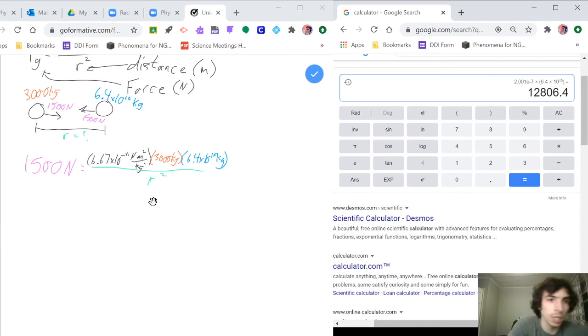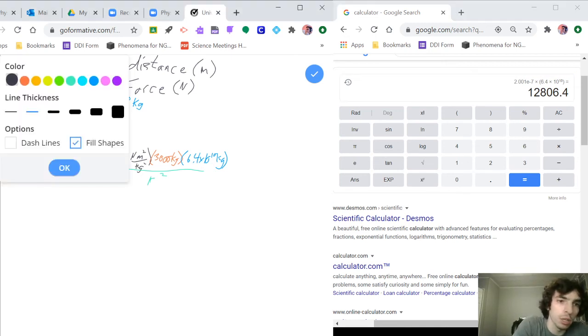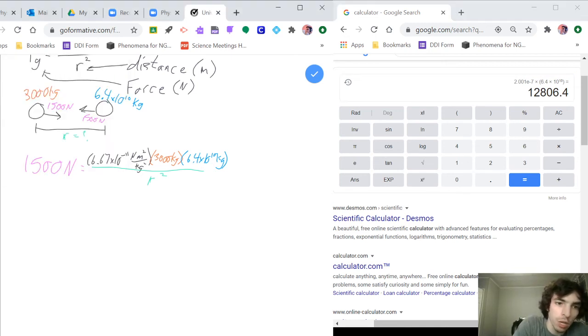Okay, let's write down what those three things gave us. That leaves us on the left side of this equation with 1,500 newtons equal to 12,806.4 divided by r squared.